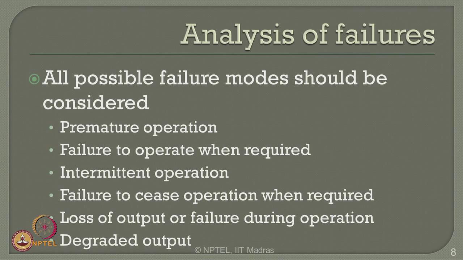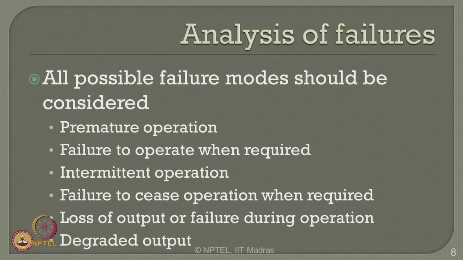When we talk about analysis of the failure modes, one should identify all possible failure modes in a given mechanical or electrical system. What are the possible failure modes which you can always identify in a given system? Following is a brief list of the possible failure modes. The system can have a premature operation. The system can result in failure to operate when required.